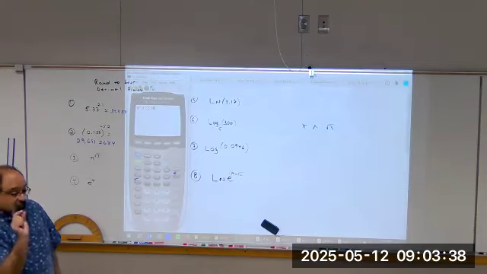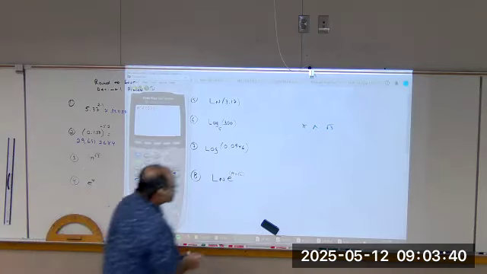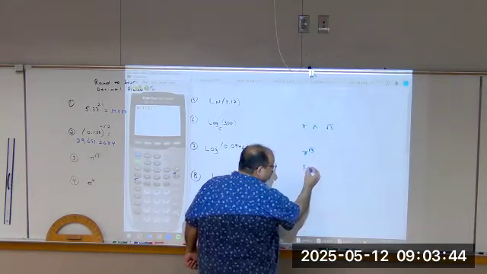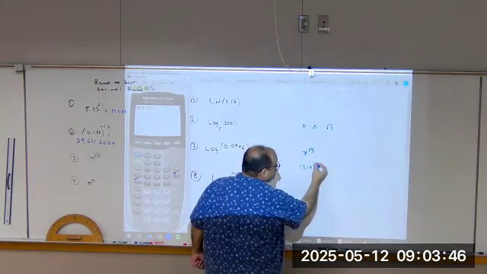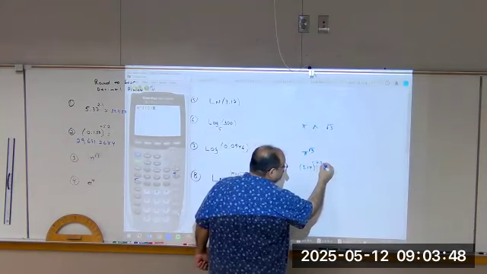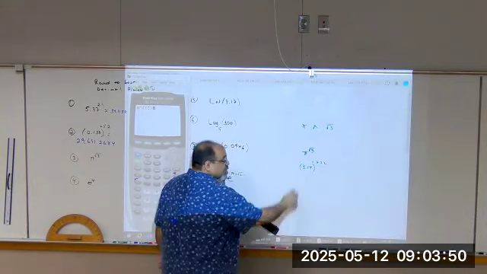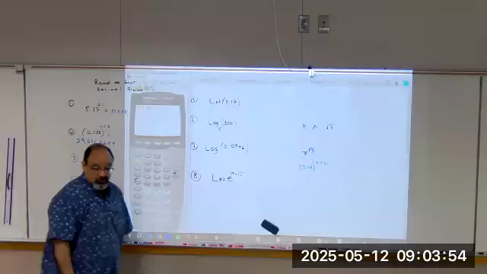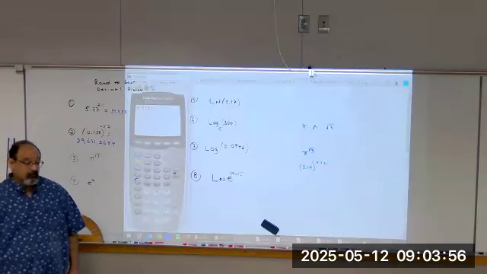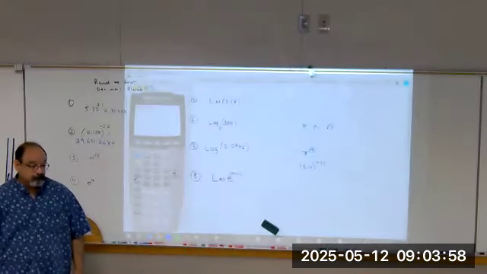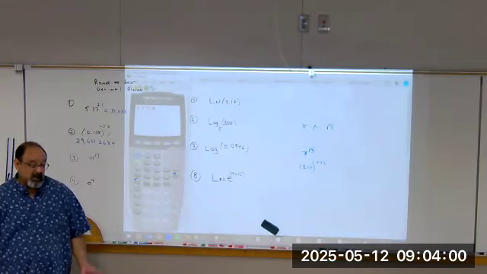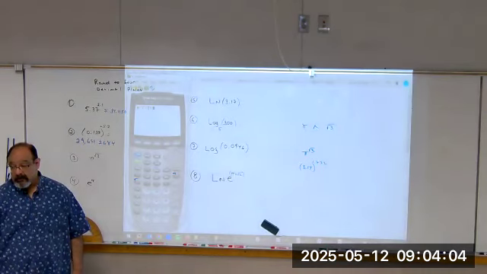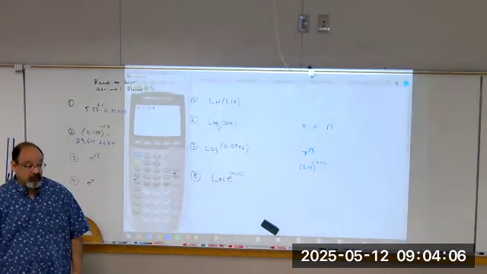So it's 3.14 to about 1.732, a 3 raised to almost a 2. So it should be in the neighborhood of what? 9. If I get 27, positive. If I get a negative number, definitely wrong.